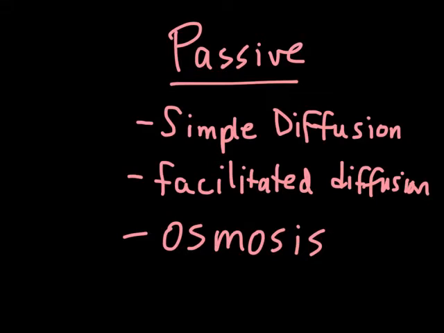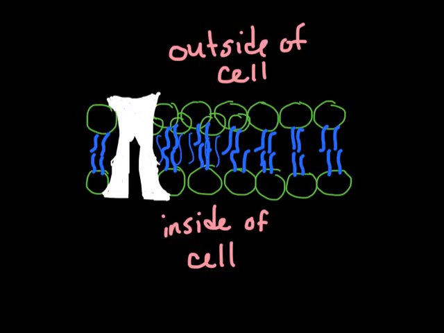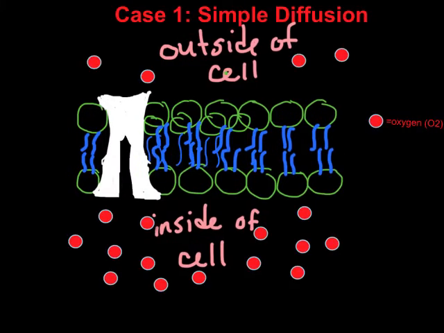So here we're back at our picture of the cell membrane, and we're going to start off with the first type of passive transport. We're going to call that one diffusion or simple diffusion. If you look here, we got these little molecules. These red molecules here, they are oxygen molecules.